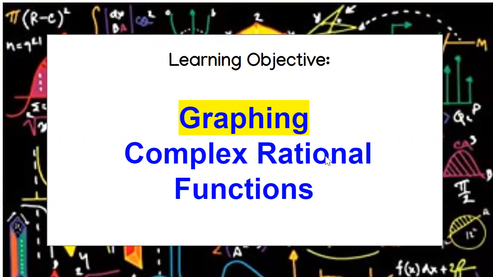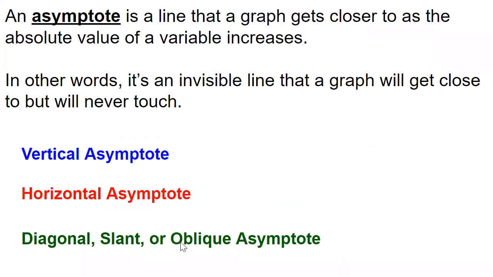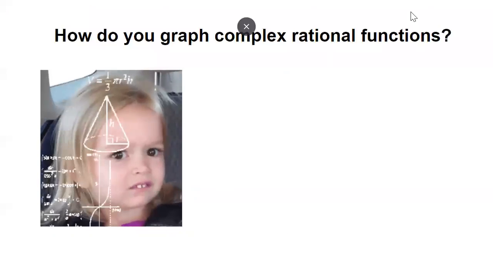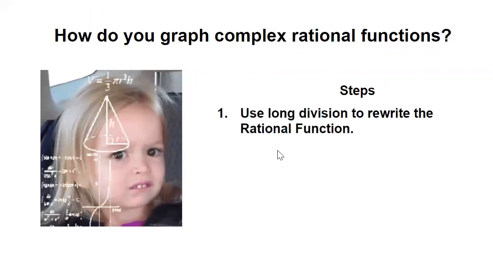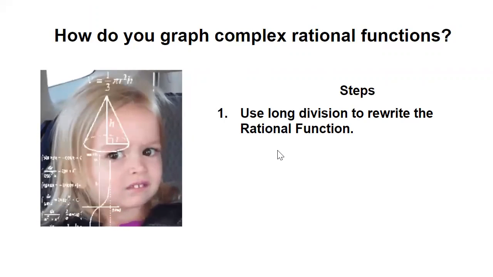Okay, so let's first refresh our memories. We have our vertical and our horizontal asymptotes. And we have now our steps to graph complex rational functions. So here we go. Our first one is to use long division to rewrite the rational function. So we're going to bring it back.